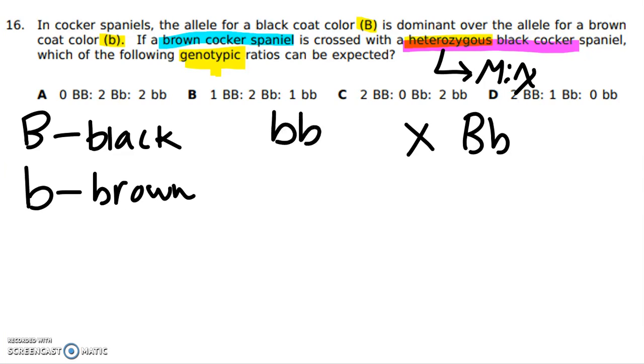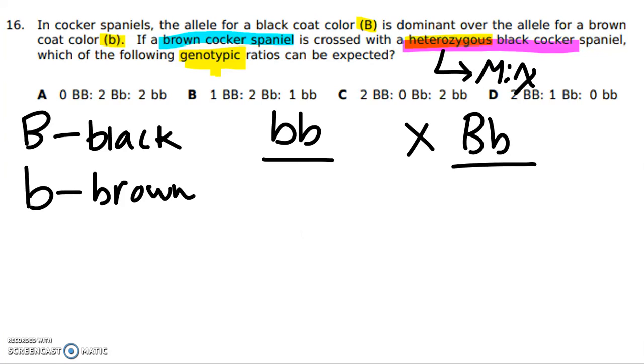So I have two recessive alleles for one parent, and then I'm heterozygous for the other parent. Now, to find out the genotypic ratios for the offspring, I am going to have to make a Punnett square. And to make a Punnett square, I'm going to have to draw my own because they didn't provide me with one.